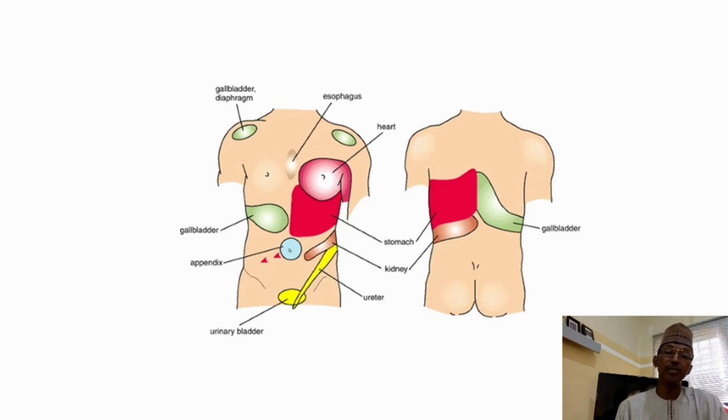For example, somebody may have a cholecystitis, that means inflammation of the gallbladder, and if that happens, pain may be referred down to the right shoulder, and this is as a result of sharing of the nerve supply between the parietal peritoneum covering the undersurface of the diaphragm and the shoulder.